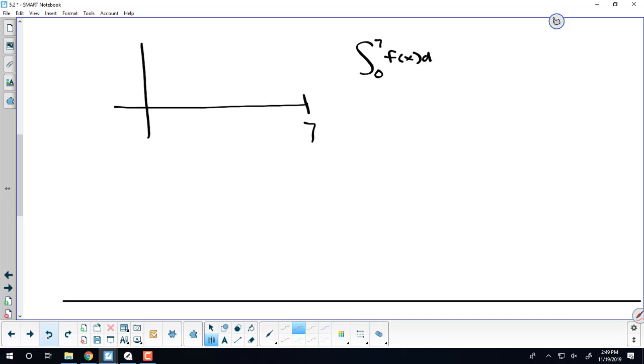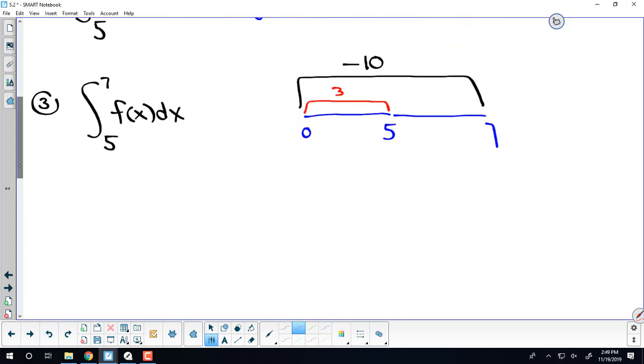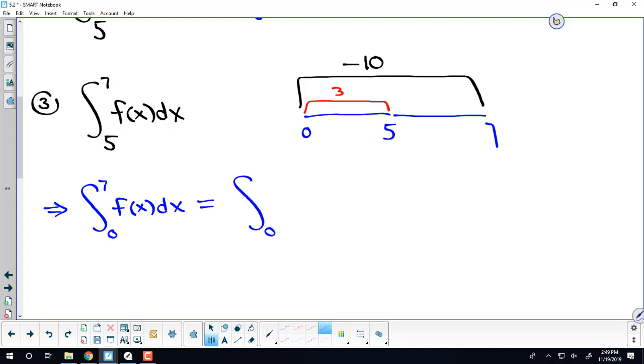Go back here. Yeah, keep going. The way we have to look at that is, the total net area from beginning to end doesn't that have to be the net area from 0 to 5 plus the net area from 5 to 7?